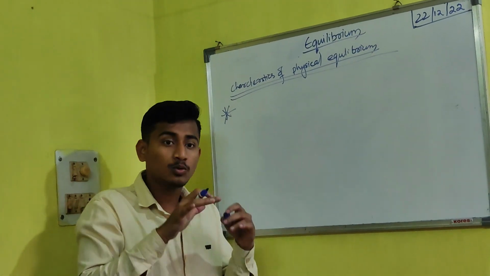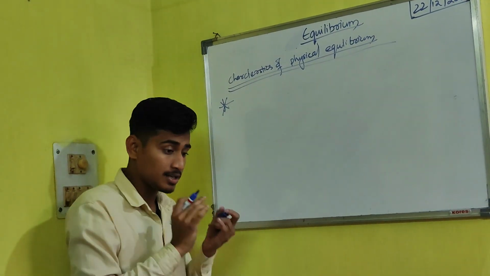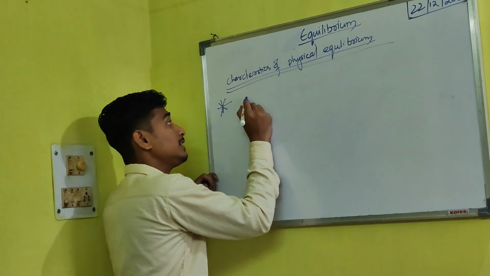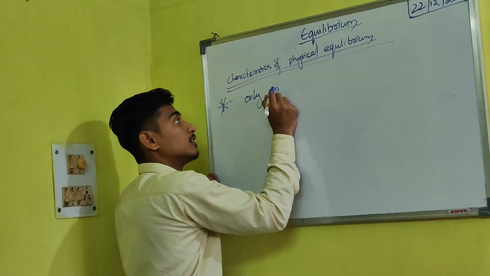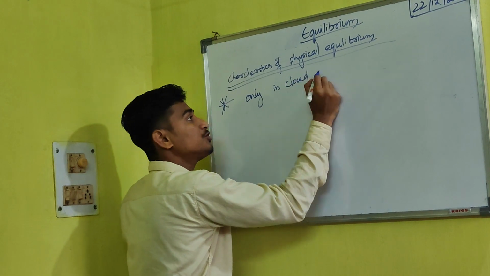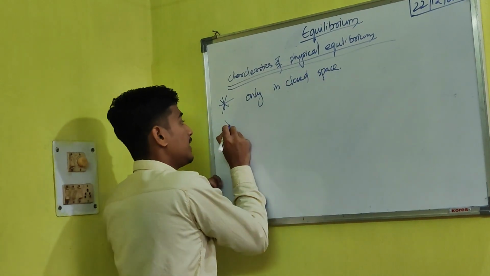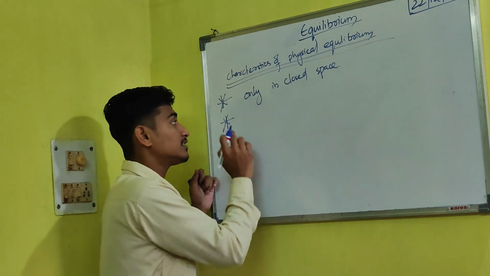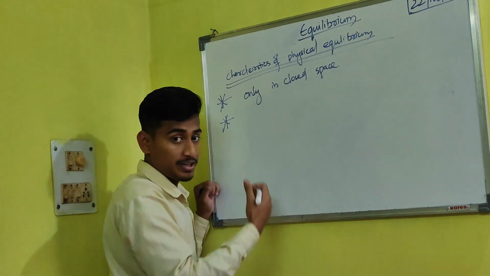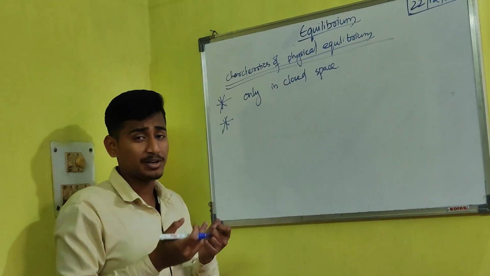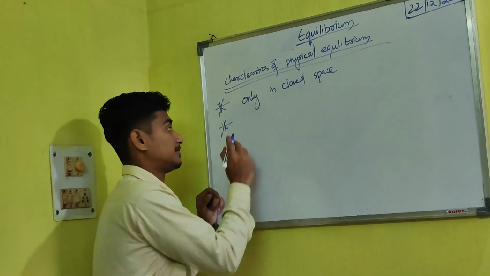First, they exist only in a closed space. And the second one is that all the measurable conditions, the temperature and pressure, remain constant.